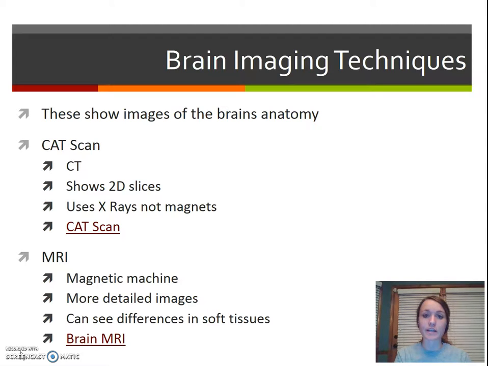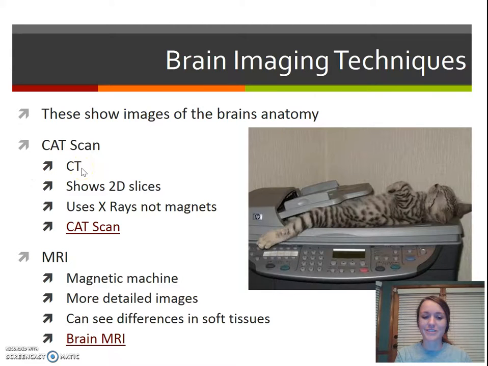And the magnetic resonance imaging, which is an MRI, also takes still shots similar to CT, but using the magnetic field and the radio waves.